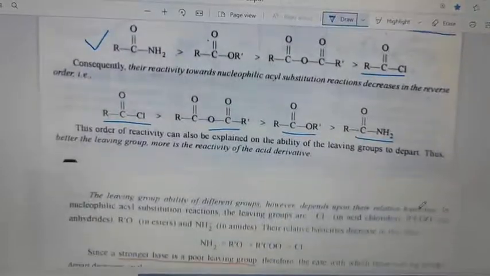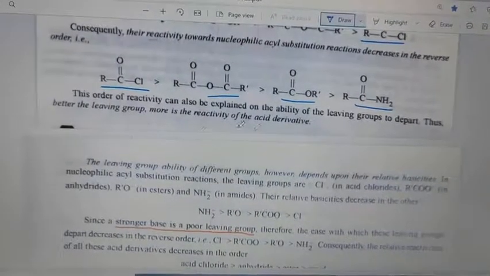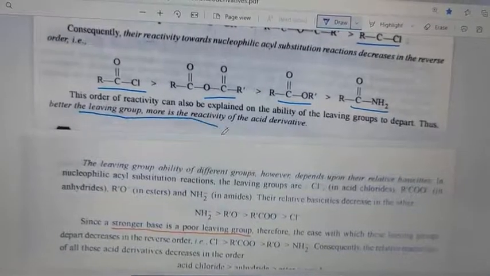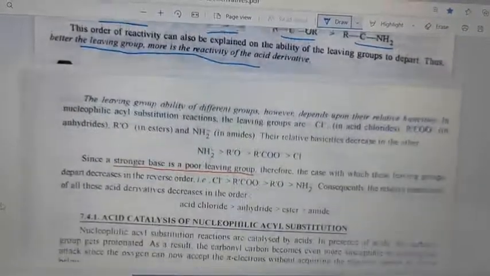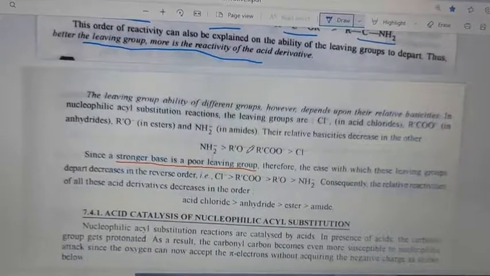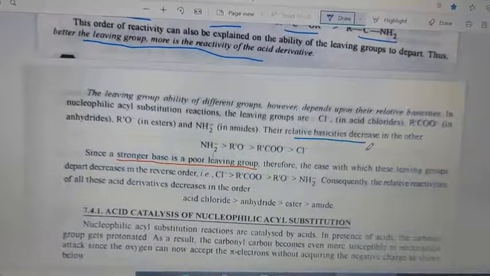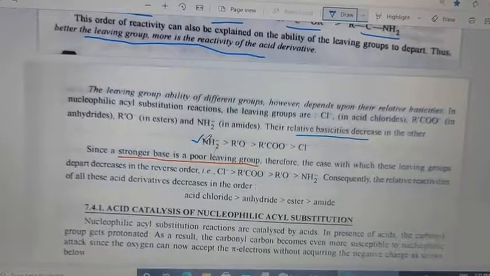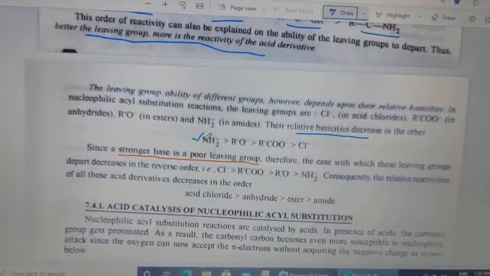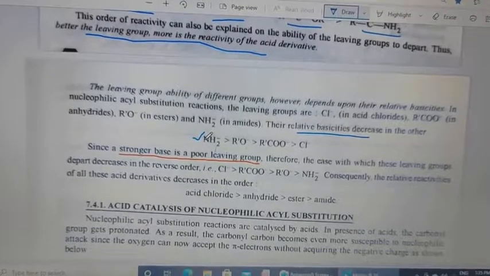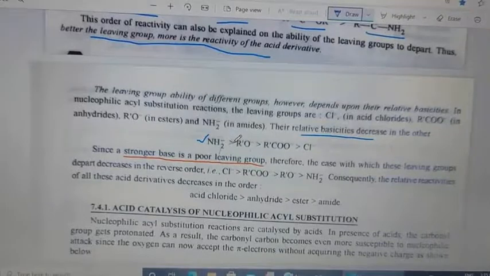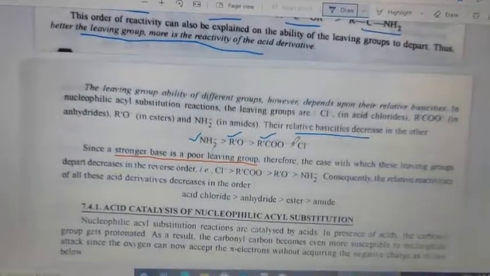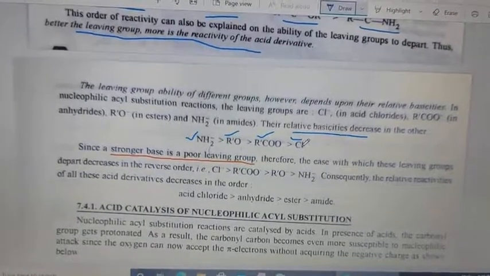The order of reactivity can also be explained on the basis of the nature of the leaving group. Stronger the base, poorer is the leaving group. The relative basicity order of these leaving groups is NH2 negative greater than RO negative, that is greater than RCOO negative, and it is further more than Cl negative.